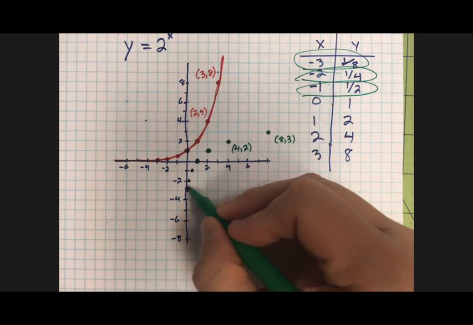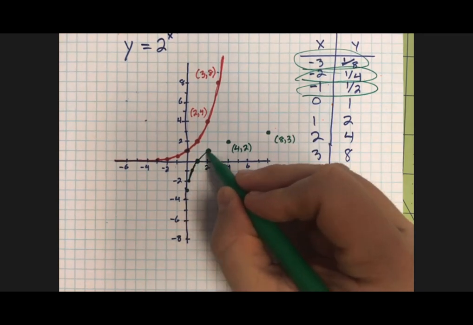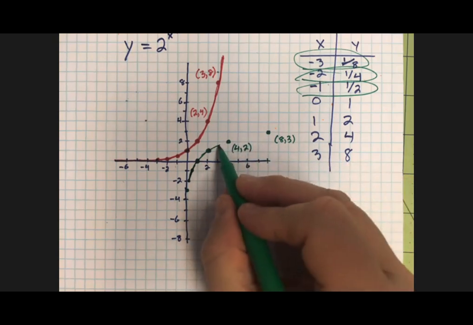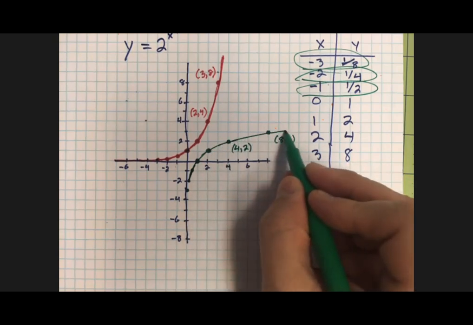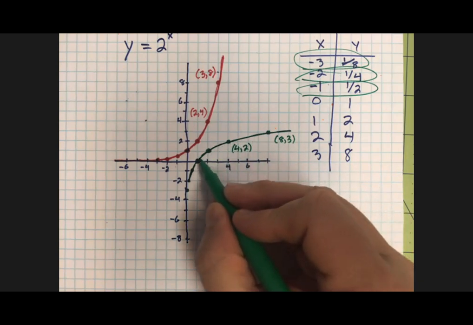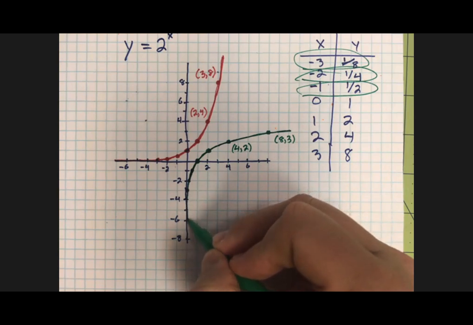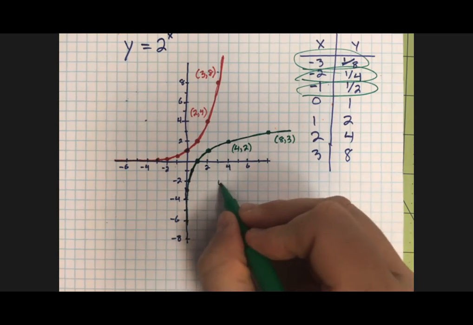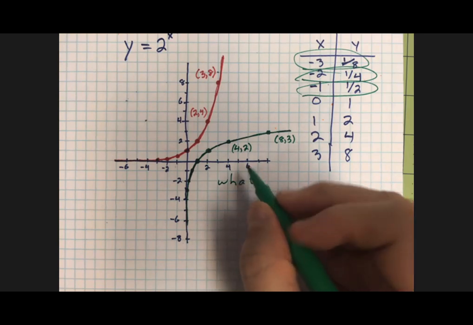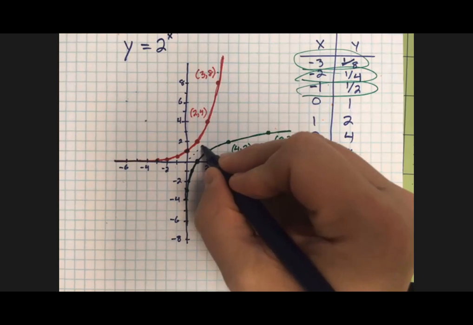But what happens if I take the mirror image of that red curve? If I draw gently and carefully, I can see the mirror image. That's a perfect mirror image across the line y equals x.